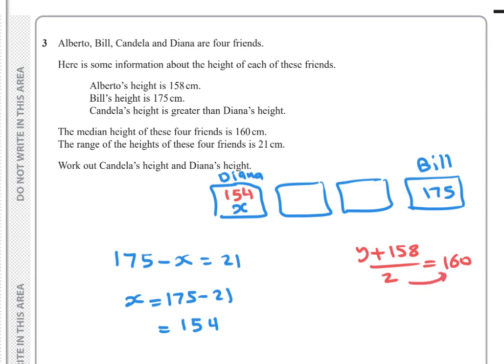Now 2 multiplied by 160 equals 320, so y plus 158 equals 320, so y equals 320 minus 158 equals 162. So Candela is 162, and the order is 154, 158 for Alberto, and 162 for Candela.